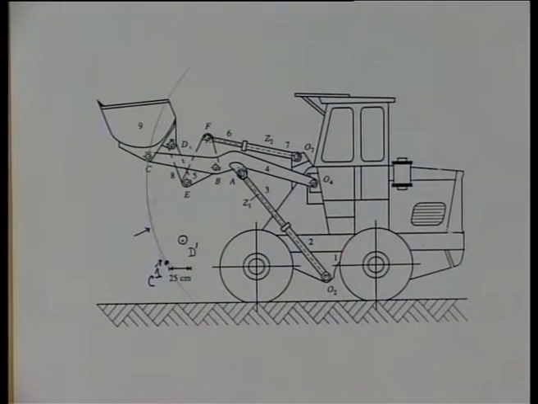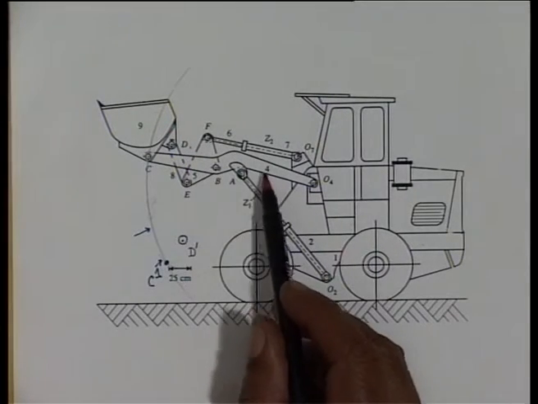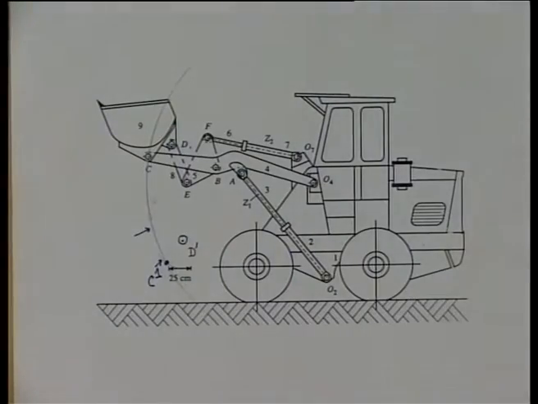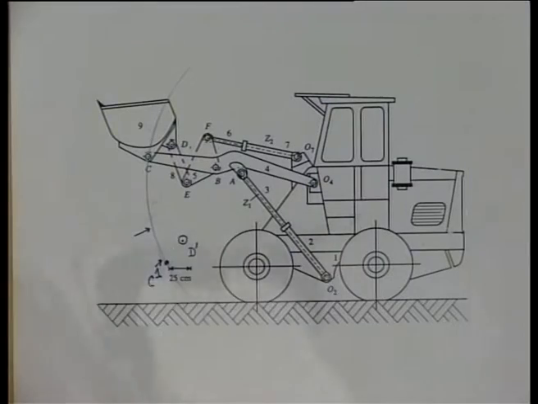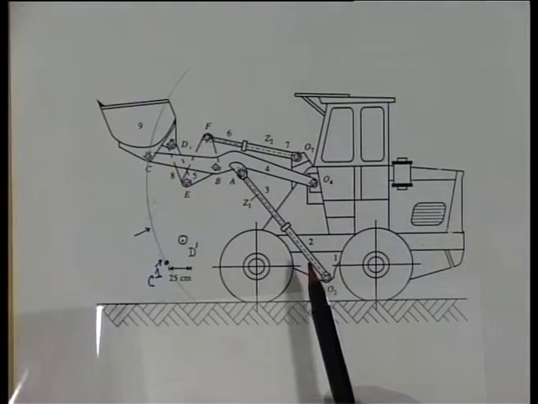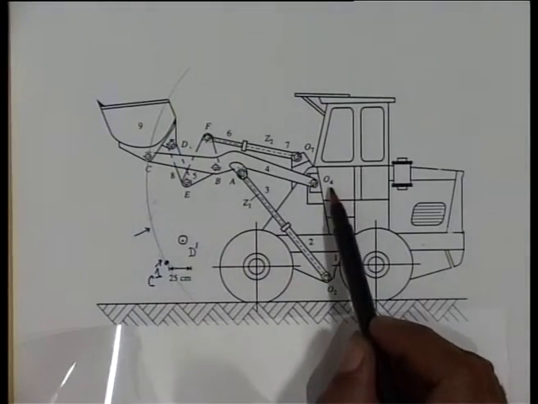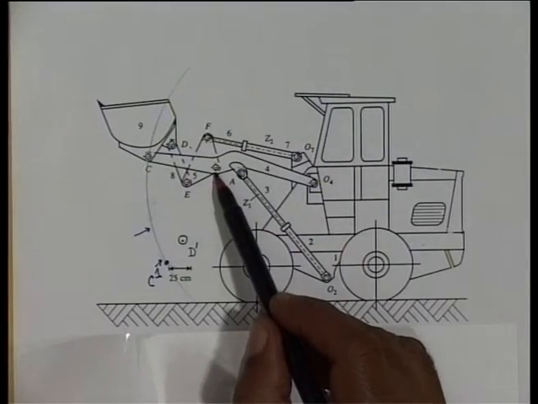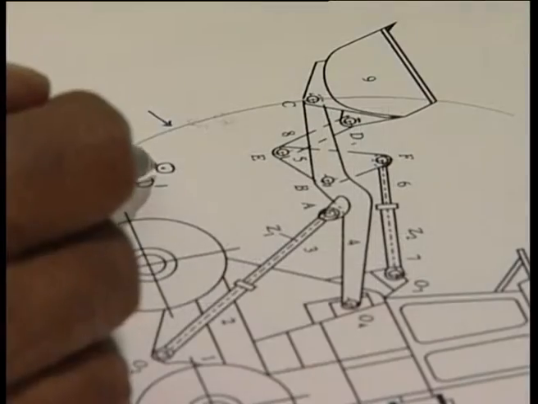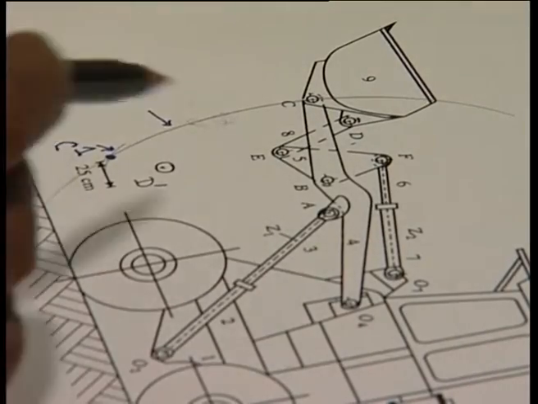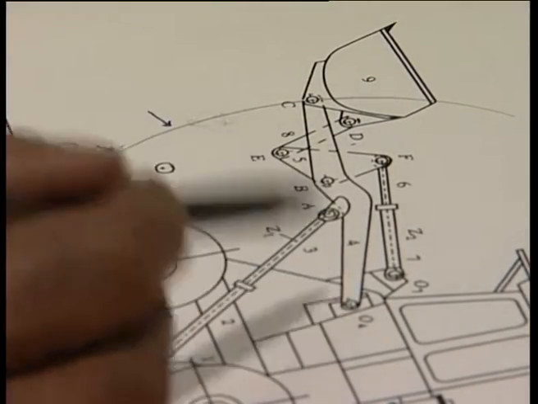Now, to locate the positions of the hinges, say A and B, which lie on link 4. As we noted earlier, link 4 is a rigid link, but it is a quaternary link having 4 hinges, one at O4, other at A, other at B and one at C. Now, we know when D comes to D1, C has moved to C1. O4 does not move, so O4 remains there.